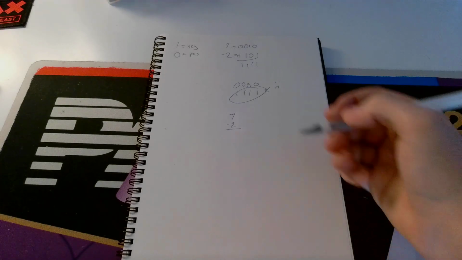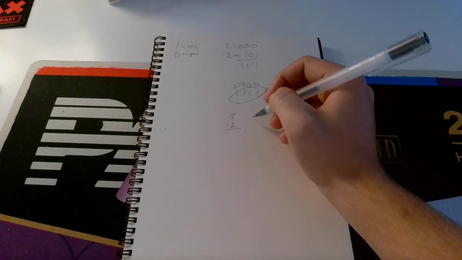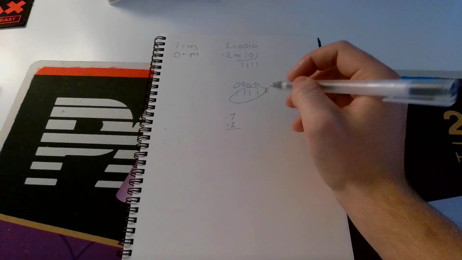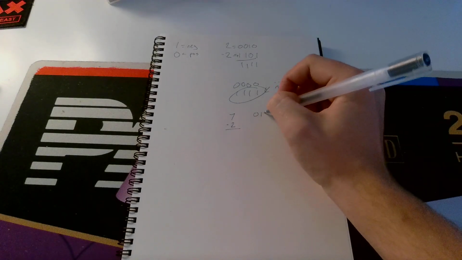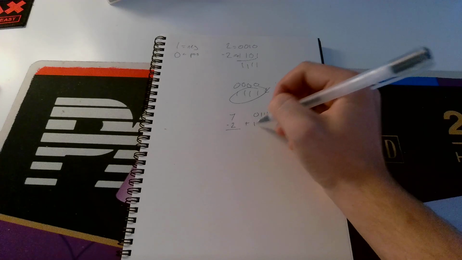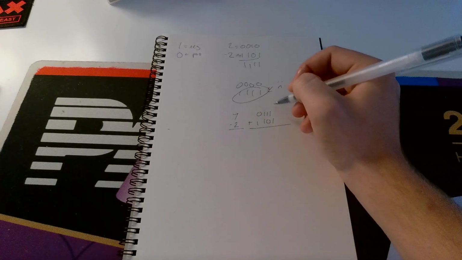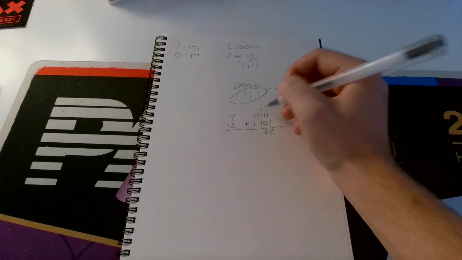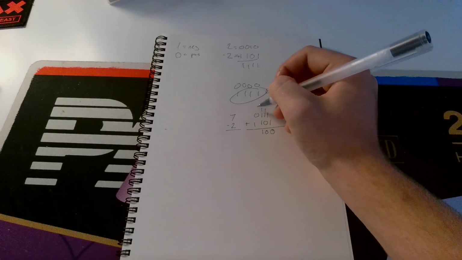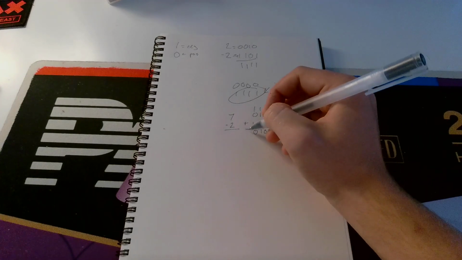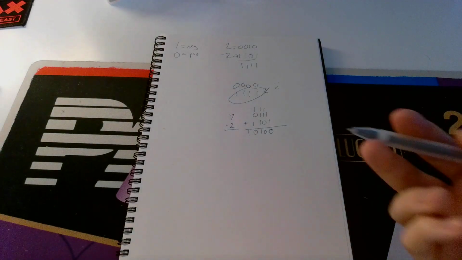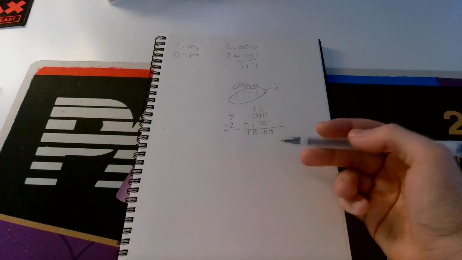So in 1's complement, negative 2 is 1, 1, 0, 1, as we found here, and we add it to 7, or 0, 1, 1, 1 in binary, plus 1, 1, 0, 1. Let's add these together. 1 plus 1 is 0, carry the 1, 0, carry the 1, 1 plus 1 is 0, carry the 1. And now we have 1, 0, 1, 0, 0.